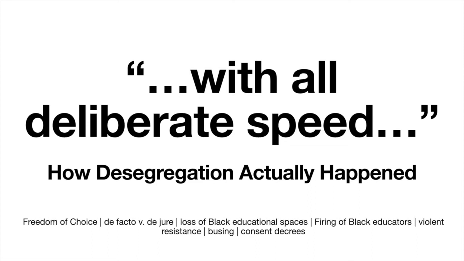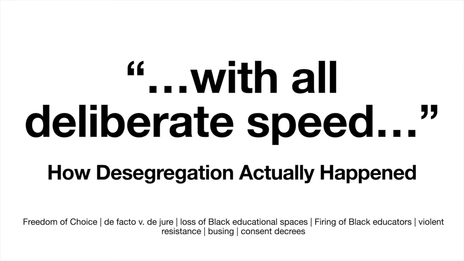We saw when desegregation was happening, we saw violent resistance repeatedly, not only in the South, in the North as well. Boston in particular, right, erupted into tremendous violent resistance when Boston was ordered to desegregate later. We saw busing, and again, the busing of Black students into white schools.